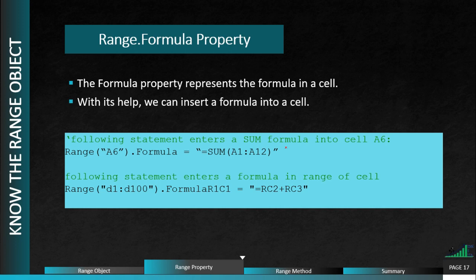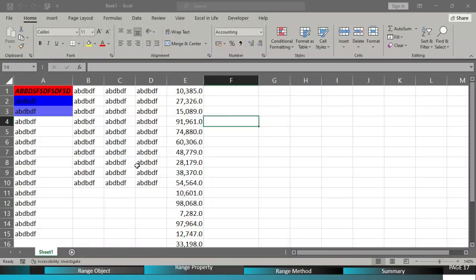Earlier we saw the hash formula, where we understand whether it is a formula or not, but write this: Range A6.Formula is equal to sum and so on. Whatever is inside the quotation marks, I am writing this formula in A6. Programmatically you can write any formula.